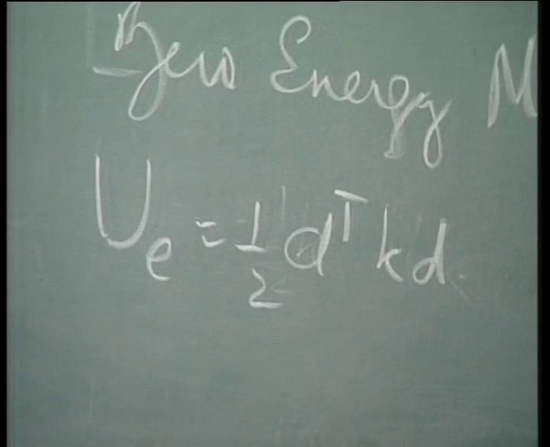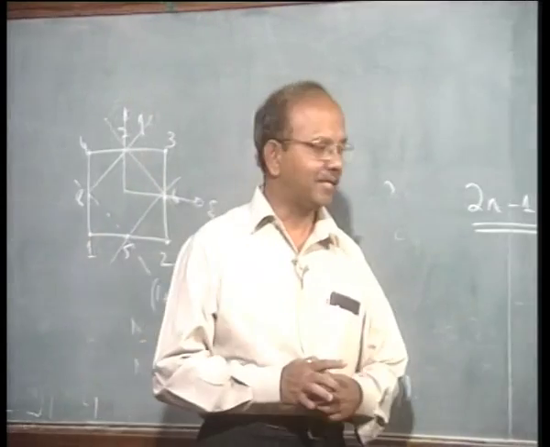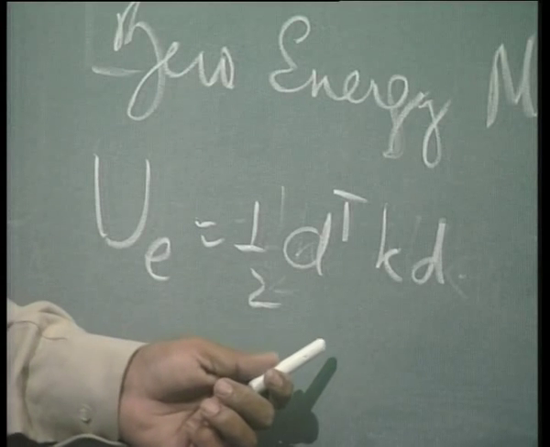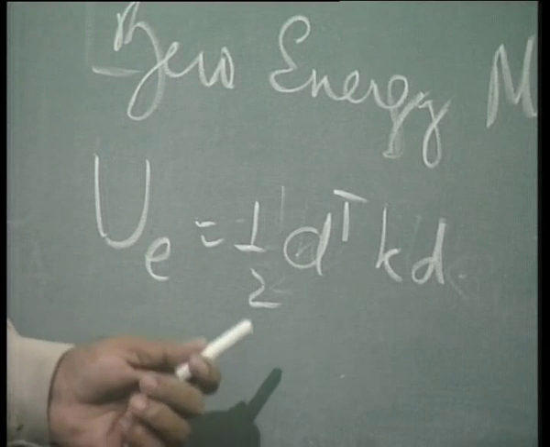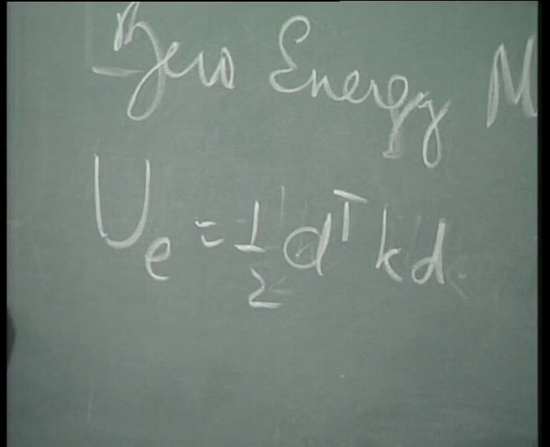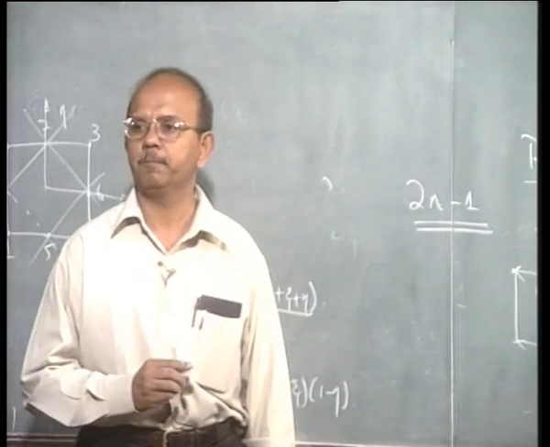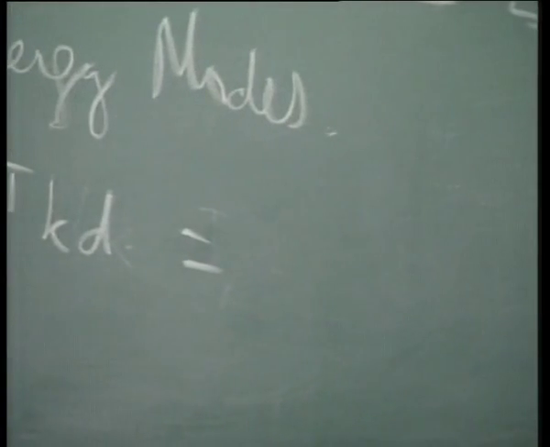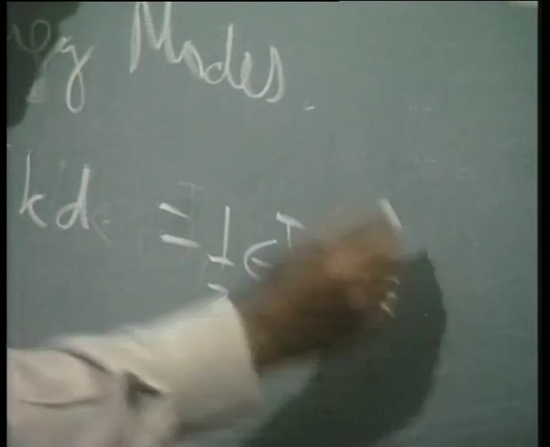Now, in other words, strain energy has to be present when there is displacement or deformation, and can be absent only when d is equal to 0, or deformation is equal to 0. Strain energy can also be expressed in terms of epsilon, that is half E epsilon squared. So I can write this as half epsilon transpose D epsilon as well.